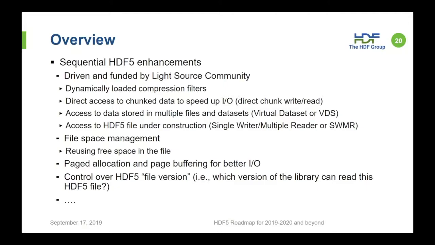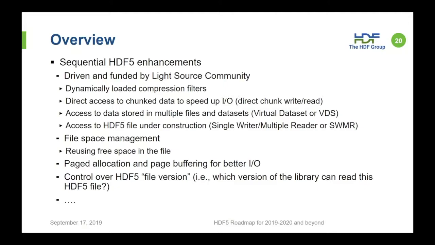We created direct access to chunk data to speed up I/O. Actually, this is interesting because this is an example where we solved the major problem, but we didn't address the real problem in the library, and the problem is in the selection mechanism. So now we're addressing it. But at least now I would call it a very good workaround for quick I/O on chunked datasets.